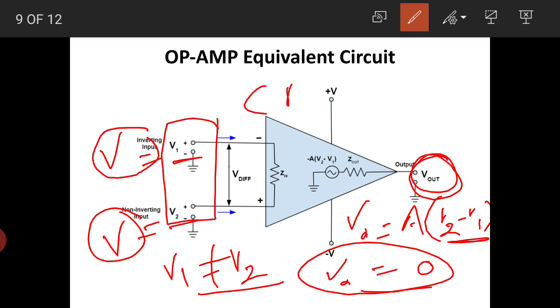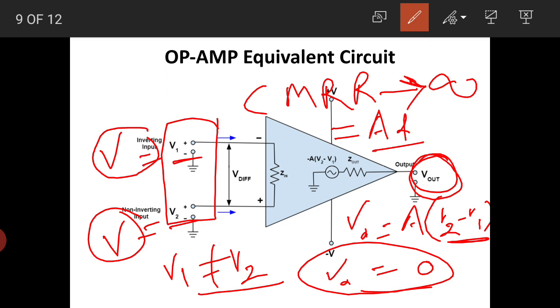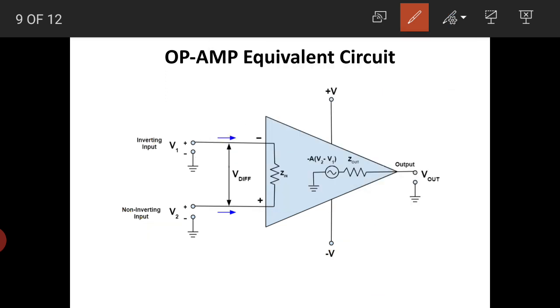So common mode rejection ratio should be equal to infinite for an ideal op amp, where I have already told you its value is equal to AD upon AC, where AD is the differential gain and AC is the common mode gain.